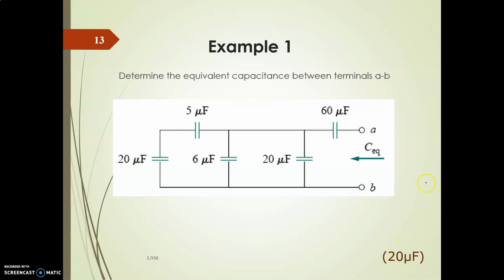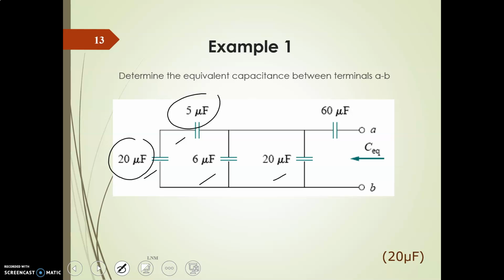Okay, I give you an example here. Determine the equivalent capacitance between terminals A, B. So you have 20 microfarad here, 5 microfarad, 6 microfarad, 20 microfarad. Okay, the 20 microfarad and 5 microfarad are in series, so you must use the calculation 1 over.